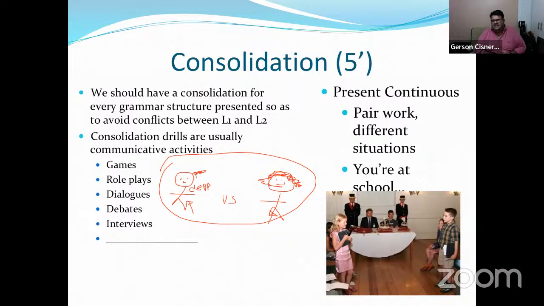That's a consolidation. Amber has played in several movies, and Johnny Depp has been a very good actor, and so on. See what the purpose of the consolidation is? It is to practice whatever you have taught them.